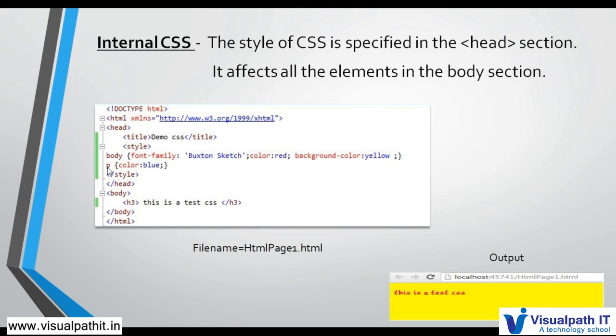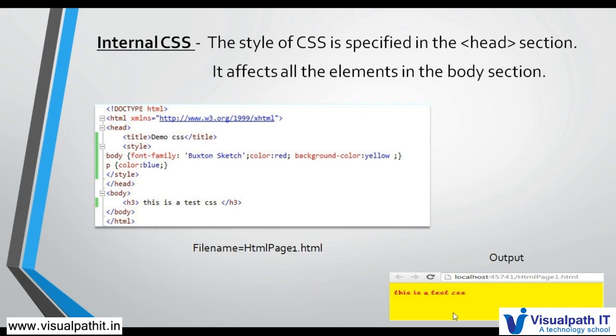Then we use the p tag with the color blue. Then we close the style. When the head closes, we write inside the body just the h3 tag, then the text to be displayed on the web page: this is a test CSS. Then the body closes, then the HTML closes.